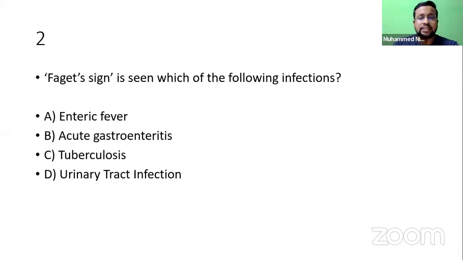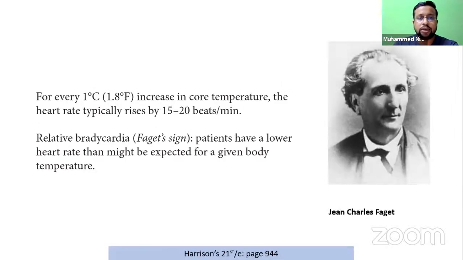Faget sign is nothing but dissociation of temperature with the heart rate. Usually it is expected, and this is again a line from Harrison, that for every 1 degree Celsius increase in core body temperature, the heart rate typically rises by 15 to 20 beats per minute. Relative bradycardia, or Faget sign, is when patients have a lower heart rate than might be expected for a given body temperature.